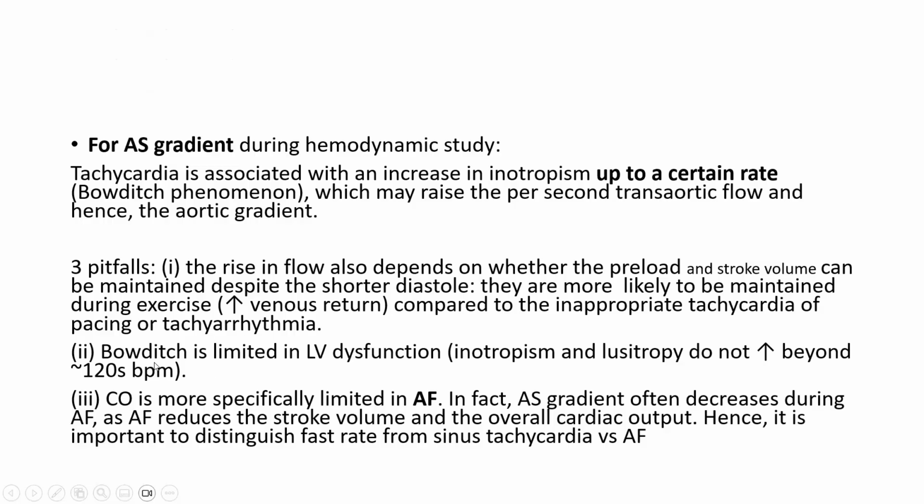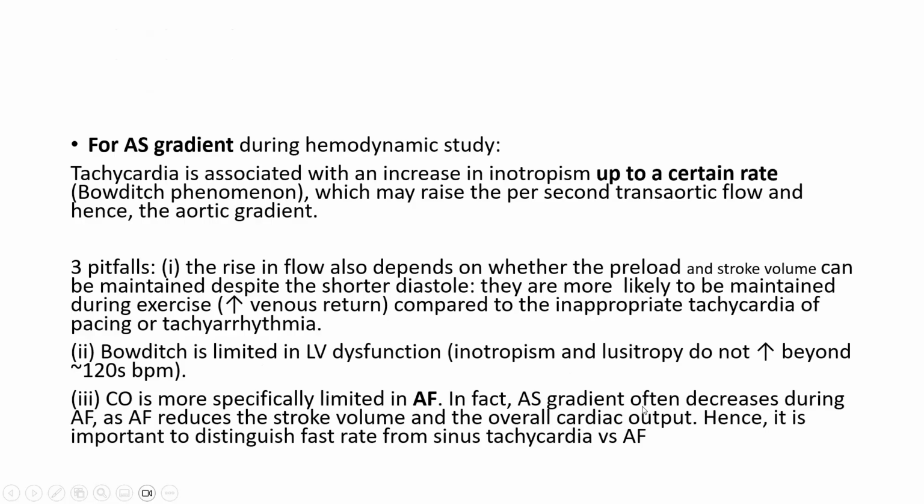Number two, Bowditch is limited in LV dysfunction, and inotropism and lusitropy increase up to a certain point but do not increase beyond 120 beats per minute, particularly if LVEF is also low. And number three, cardiac output is more specifically limited in AFib.